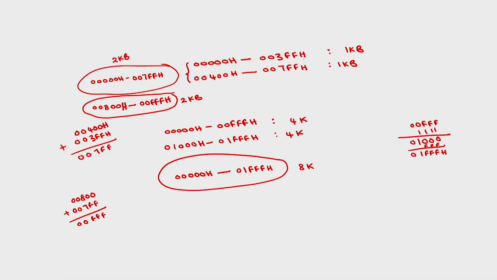Okay. So for starting 00000H, ending 003FFH, this is 1K. Here I am going to summarize 1K, 2K, 4K, 8K.